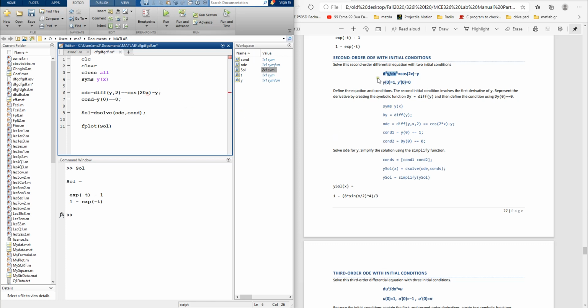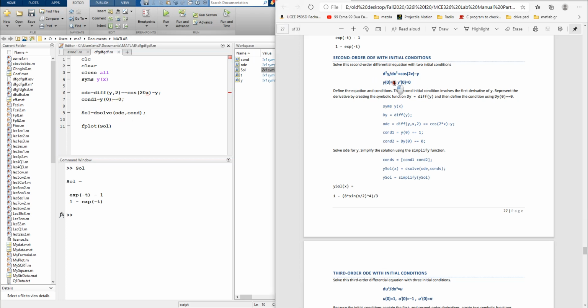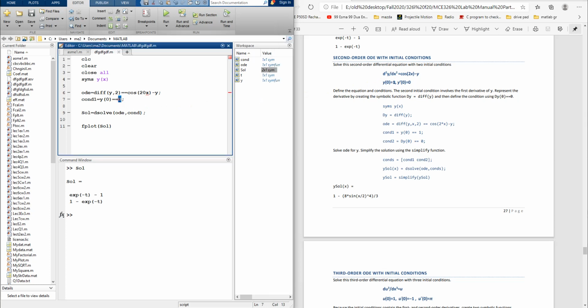What's the initial condition? It is y of 0 equal to 1. So say that is condition number 1, cond 1. Again, cond 1 is not a keyword, it could be any name. But to remind myself that I have two conditions, cond 1 equal y of 0 equal to 1, as you see in the question, equal to 1.